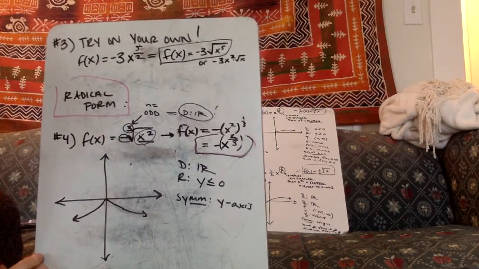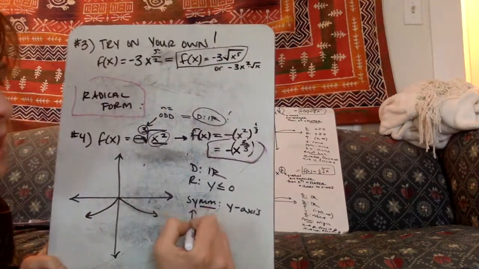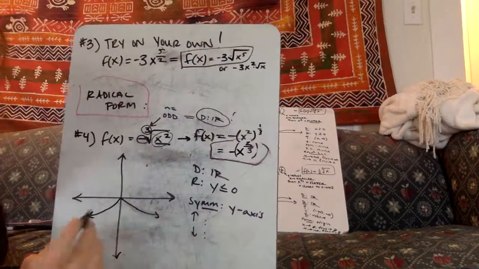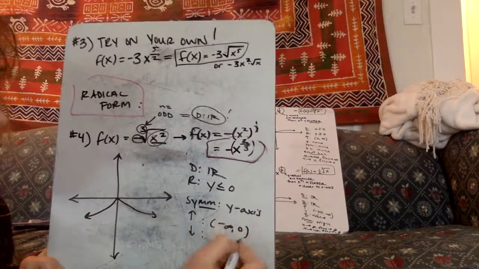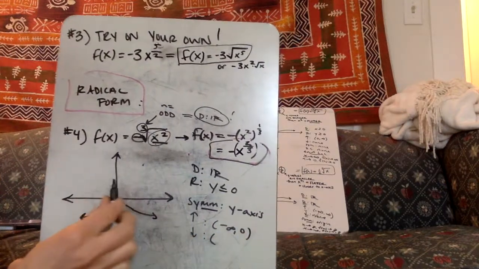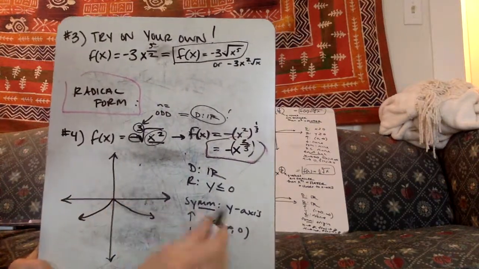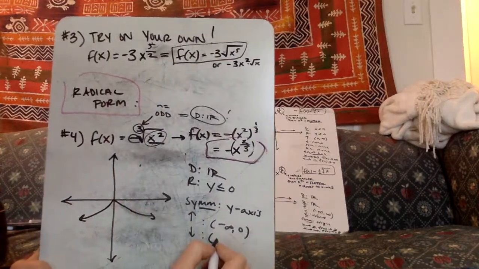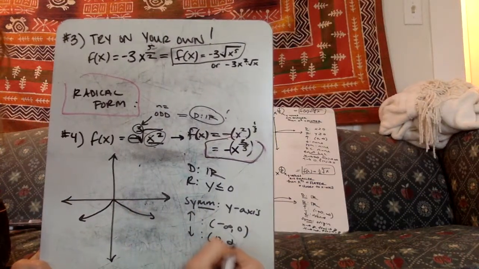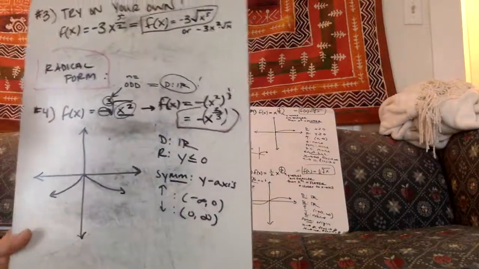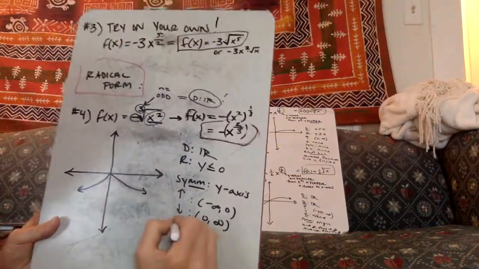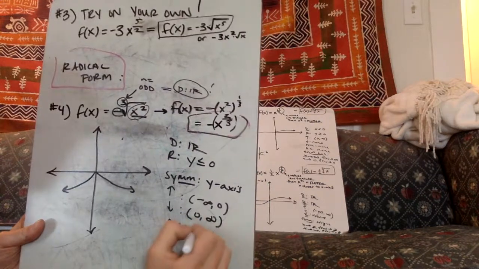And if I look at this, I do have both increasing and decreasing intervals. I'm increasing in y from negative infinity to 0, and I'm decreasing, reading left to right along my x-axis, from x equals 0 to x less than infinity. I don't have any discontinuities, DC, none.